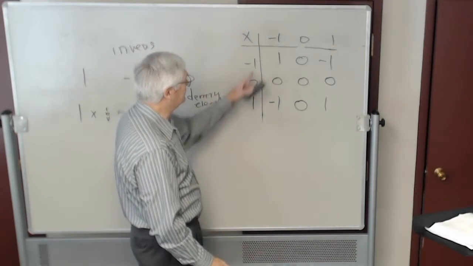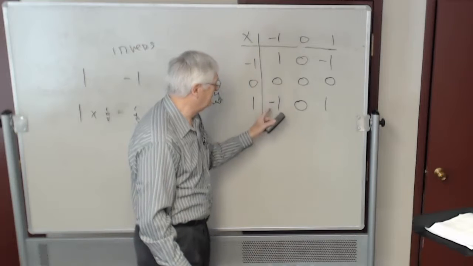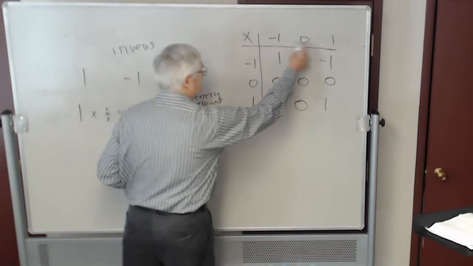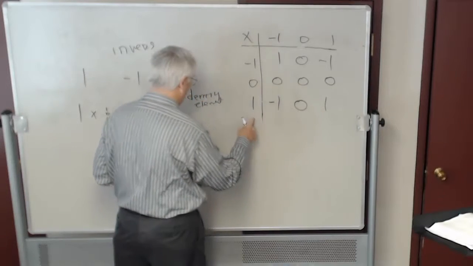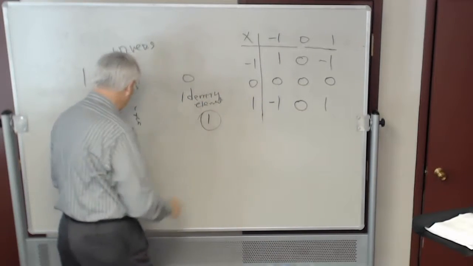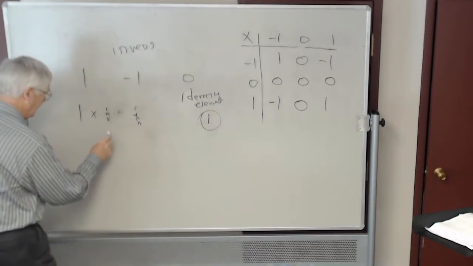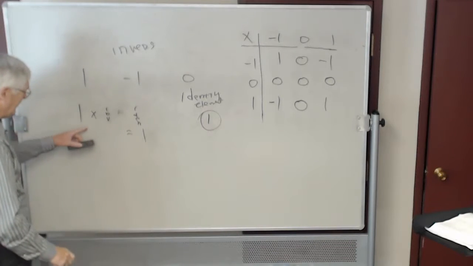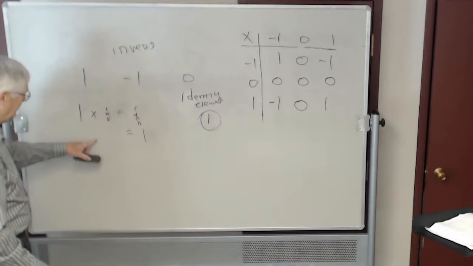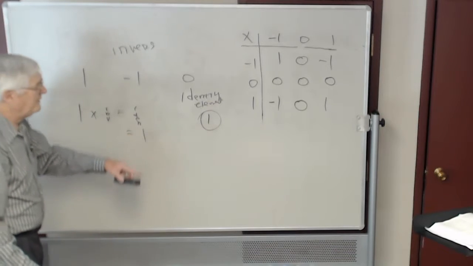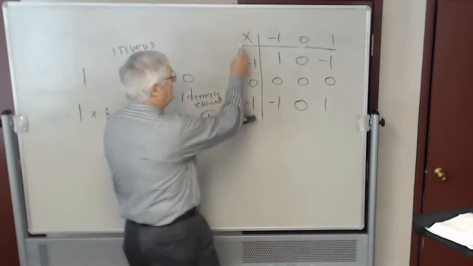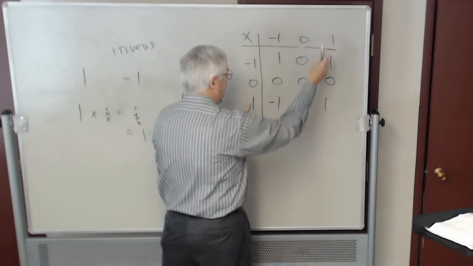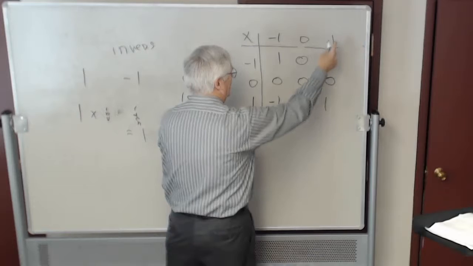Of all these numbers, which one doesn't change? Which one leaves this row the same? 1. Thank you. So the identity element is 1. So 1 times the inverse equals 1. What do I take times 1 to get the answer of 1? 1.